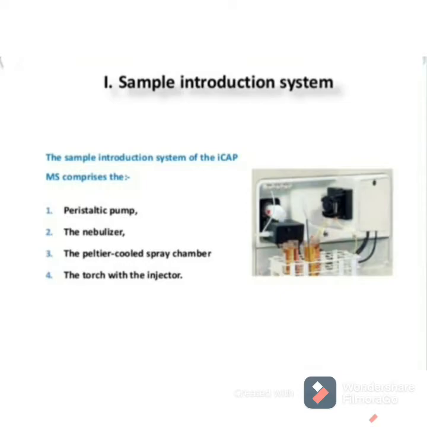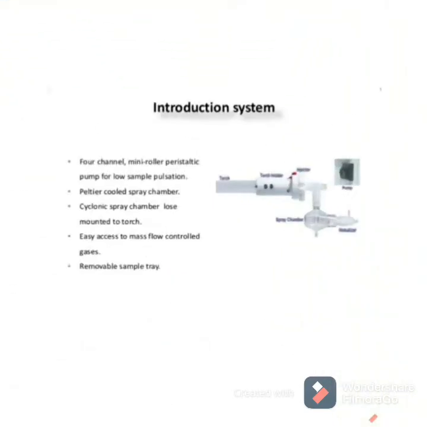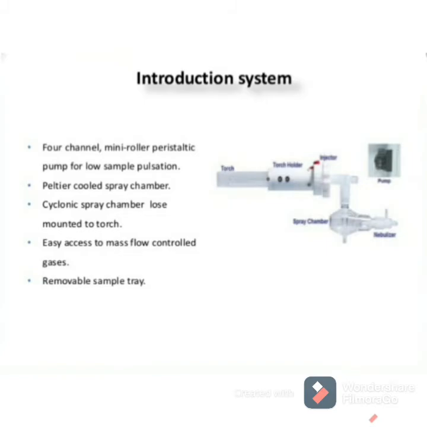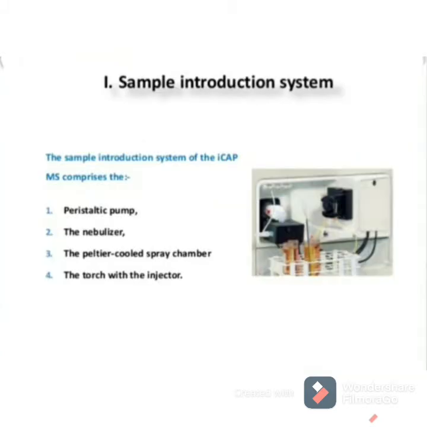First is the sample introduction system. The sample introduction system is the first part of the ICP-MS, and it is also divided into 4 parts. First is the peristaltic pump, second is the nebulizer, third is the Peltier cooled spray chamber, and fourth is the torch with the injector.